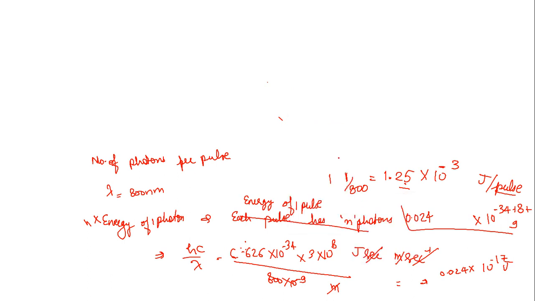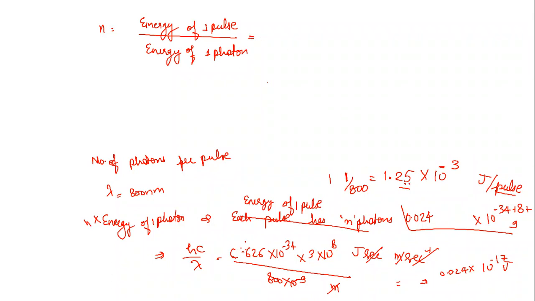So here n, the number of photons, is equal to the energy of one pulse upon the energy of one photon.